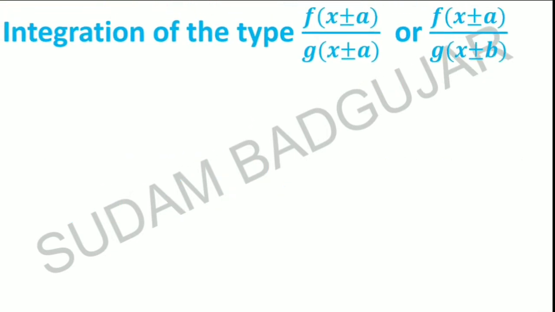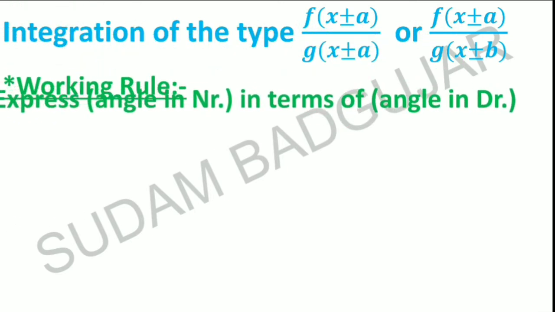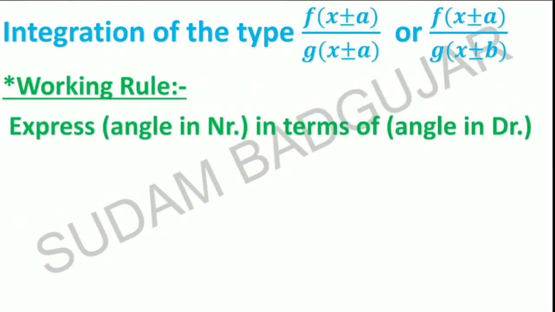Now our next is also a very important type, that is integration of the type f of x plus or minus a upon g of x plus or minus a, or similar. So the working rule is: express the angle in the numerator in terms of the angle in the denominator.